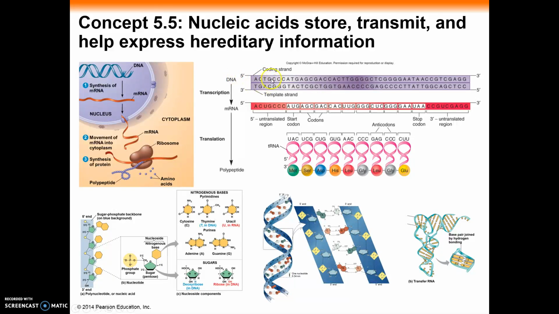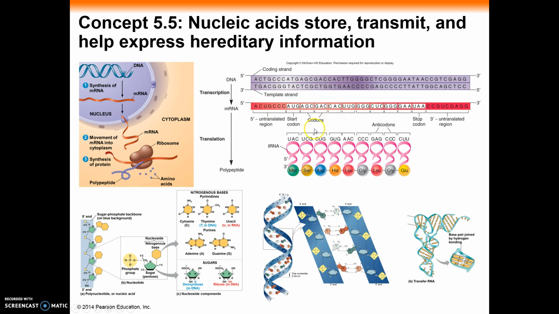Here we have a double-stranded piece of DNA. You can see the coding strand, the template strand, which directs the formation of this messenger RNA. That messenger RNA, you can see, is complementary to this and identical to this, with the exception of the U and T issue.